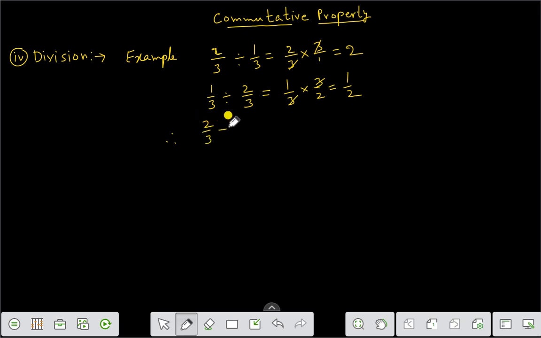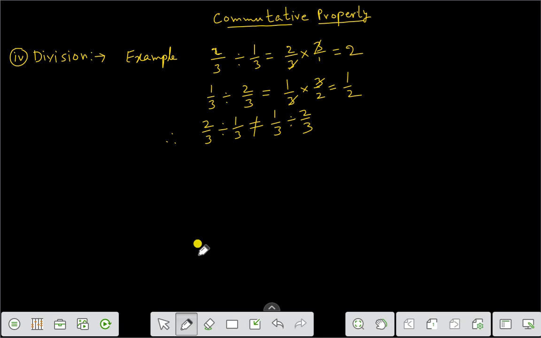That we can say that 2 by 3 divided by 1 by 3 is not equal to 1 by 3 divided by 2 by 3, right?